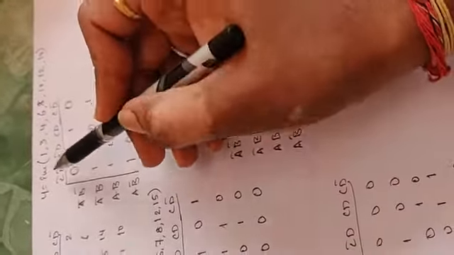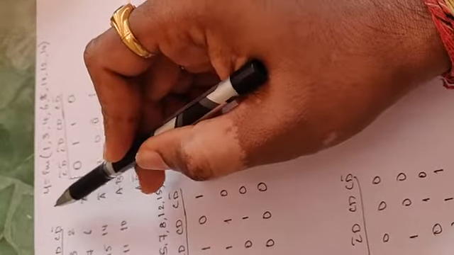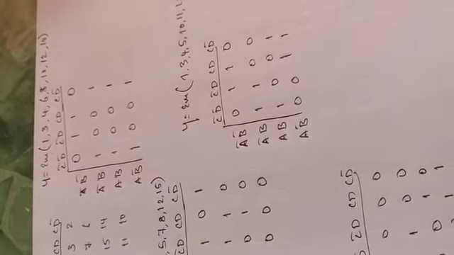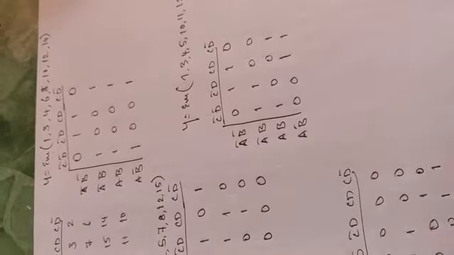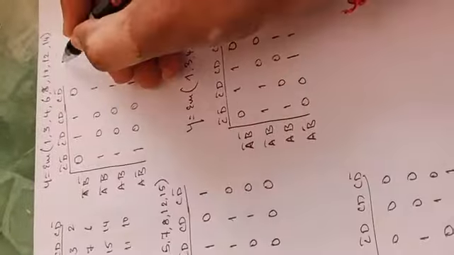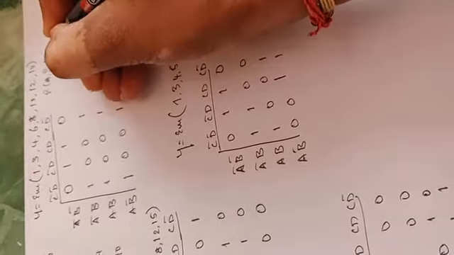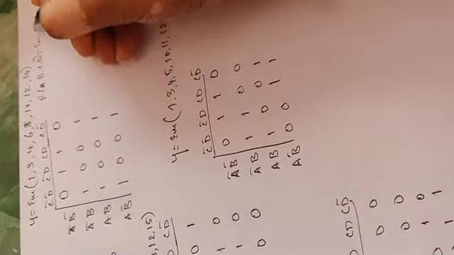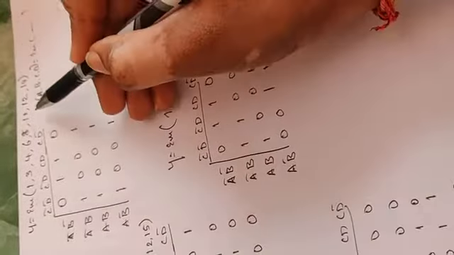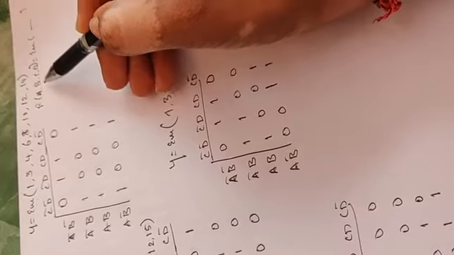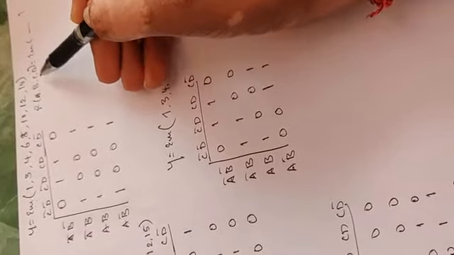Or in some cases they will give it as f of A, B, C, D. If they give it in such a manner, you will come to know directly that it's a 4 variable K-map, because we have 4 variables here, A, B, C, D.